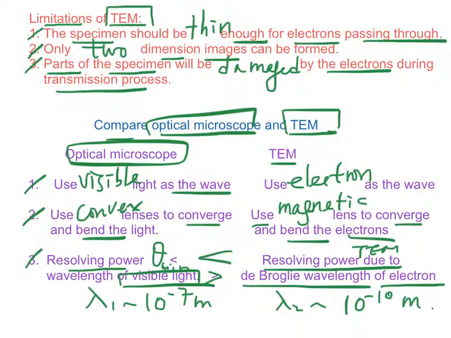Since smaller wavelength has smaller theta minimum, which has greater resolving power, therefore the resolving power of an optical microscope is smaller than that of a TEM.